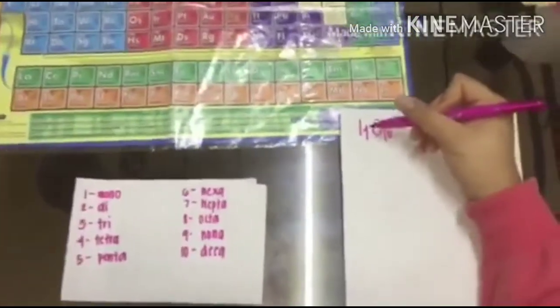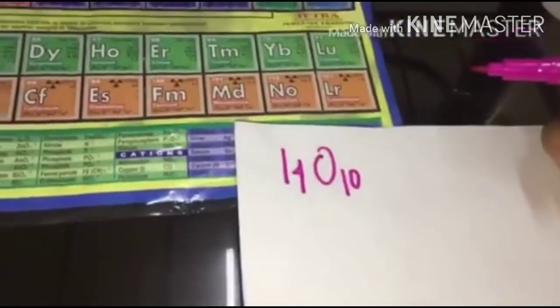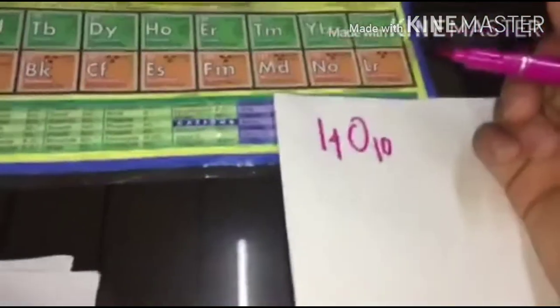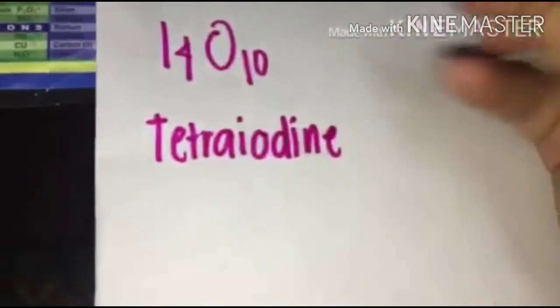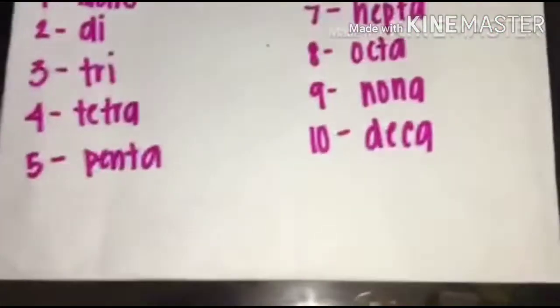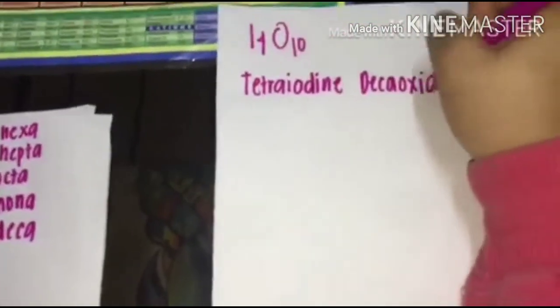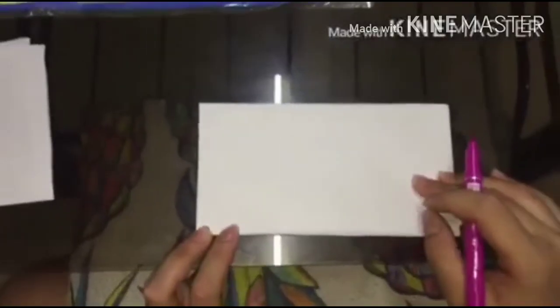So if we have I4O10, I is the symbol of iodine, so it is tetraiodine, and 10 is deca, oxide, decoxide.